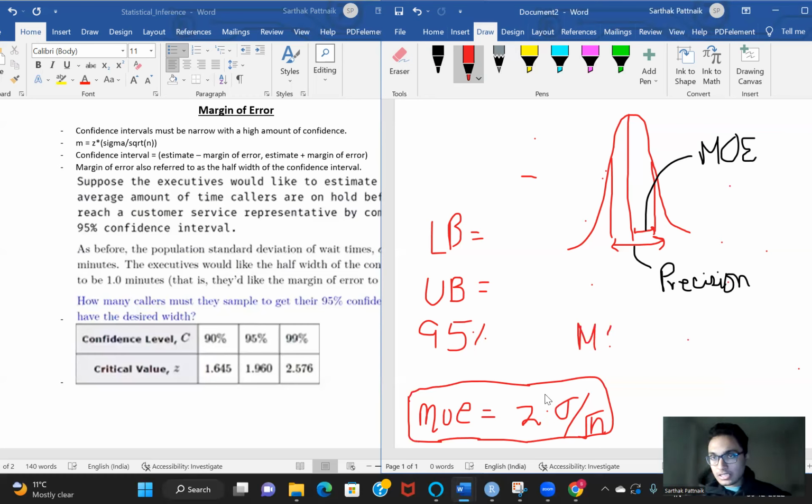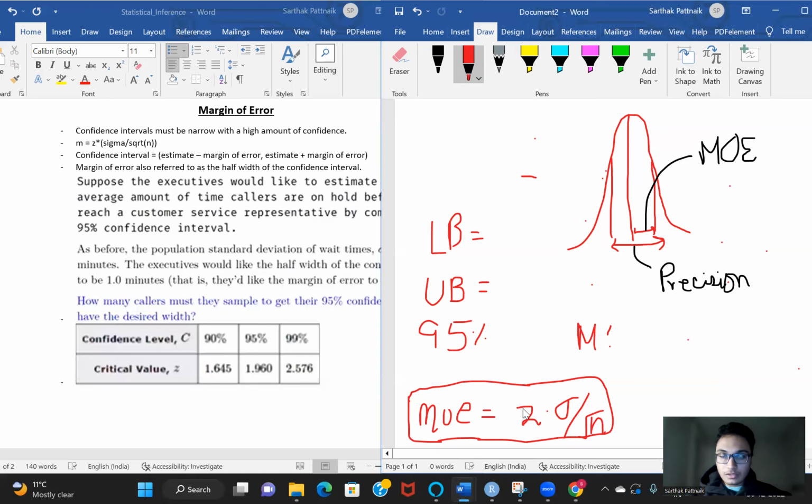Ideally, we want a small precision or a small width of the interval with high confidence. The smaller this width is, the better the results.